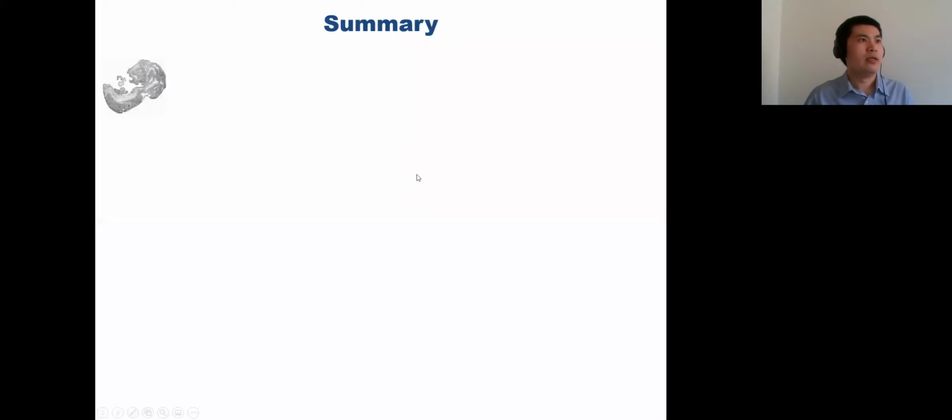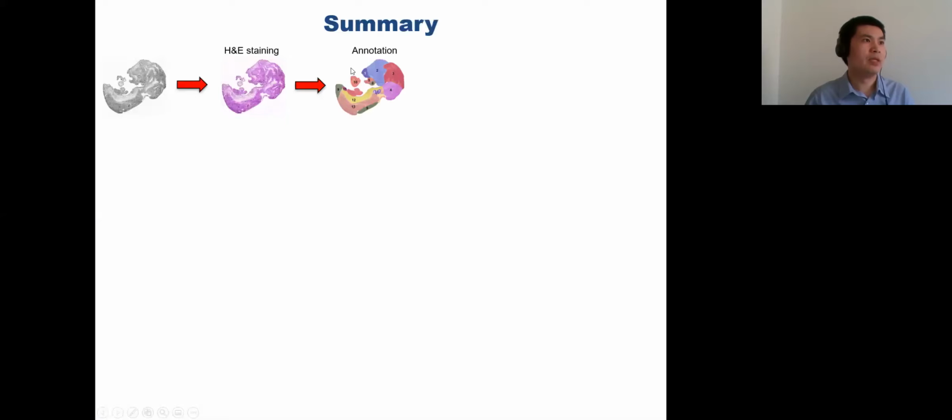To summarize, here is a graphic summary of our technology. What you start with is a tissue on a slide. Then you can do H&E staining of it, to do the normal annotation or disease diagnosis based on H&E staining.